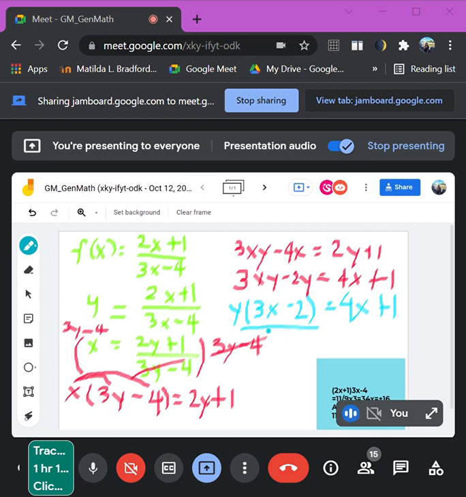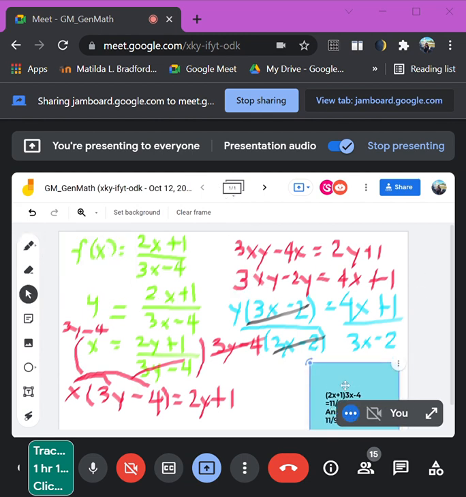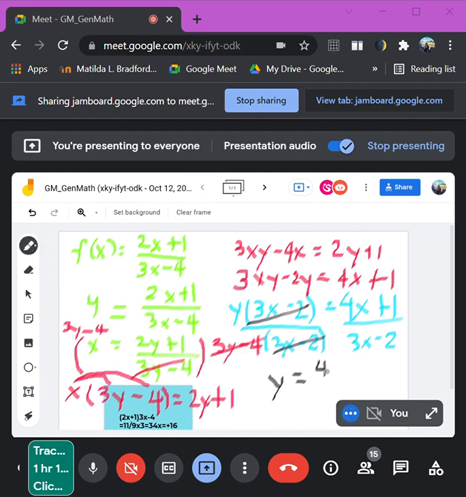I-divide nato both sides by 3x minus 2. And diri, 3x minus 2. So as you can see, this one is makancel, and then ang mabilin na to is y. We have y is equal to 4x plus 1 over 3x minus 2.